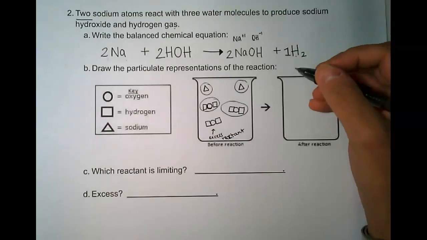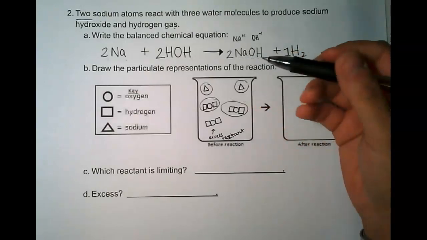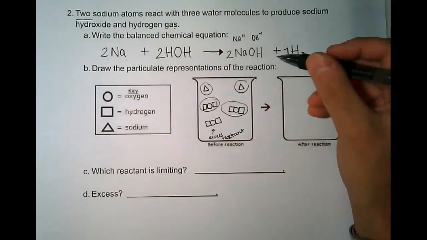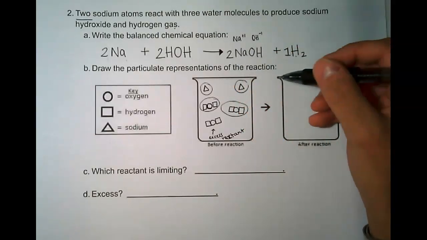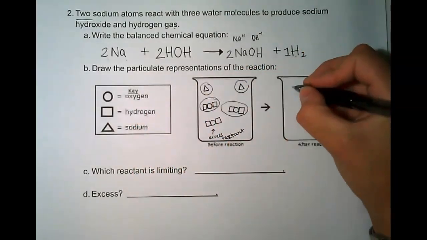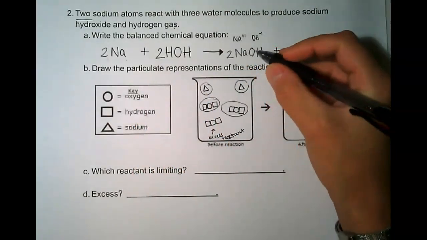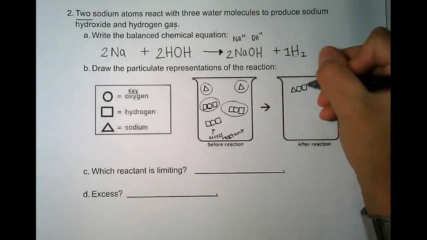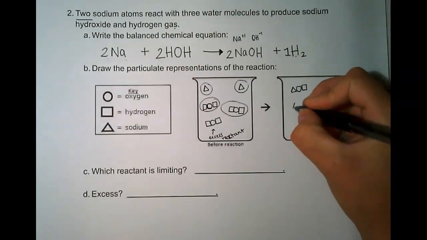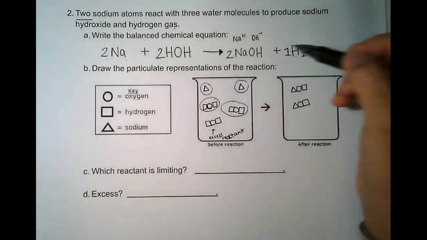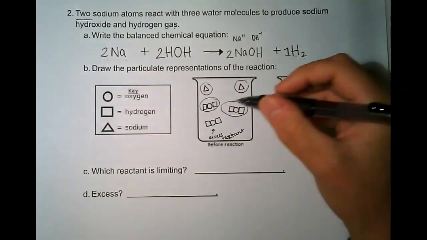So let's go ahead and draw what we get as our products. So we're going to get 2 NaOHs and 1 H2. So Na, sodium, is a triangle with an O and an H. That's 1 molecule of NaOH, and then we're going to get another NaOH. So 2 NaOHs and 1 H2.